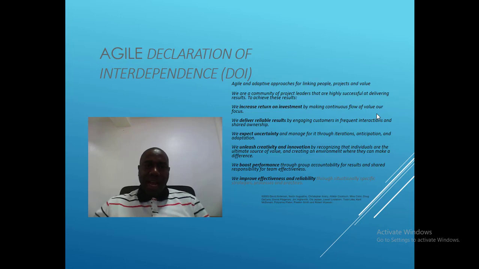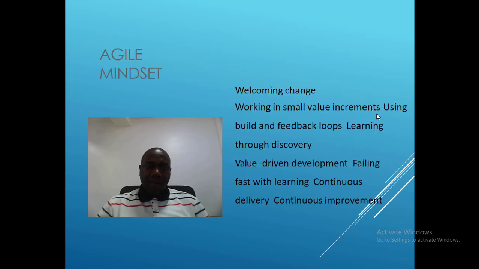So this is the Agile Declaration of Independence. So what is the Agile mindset? The first thing about the Agile mindset is that Agile welcomes change. The Agile mindset prefers working in small value increments, using build and feedback loops, and learning through discovery in the process.